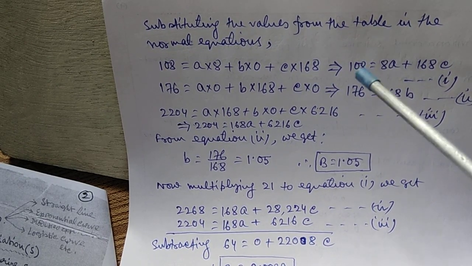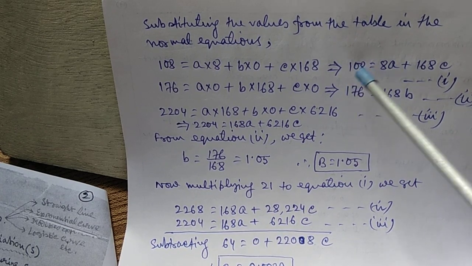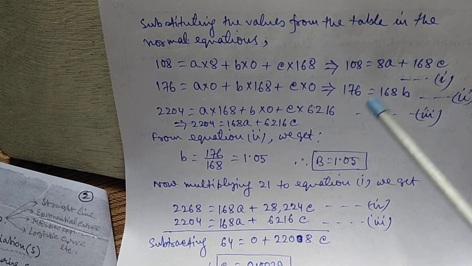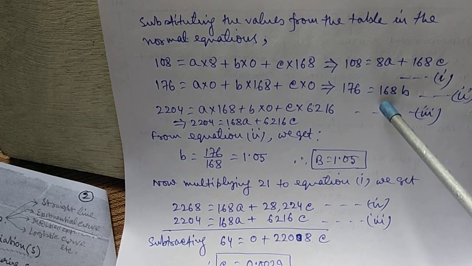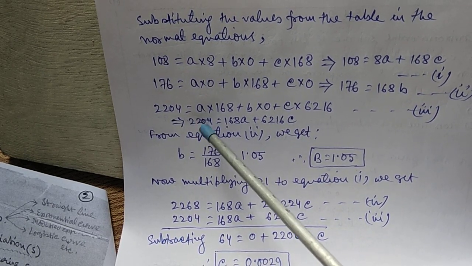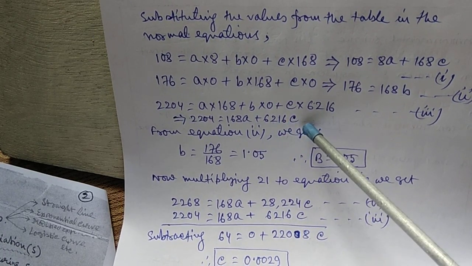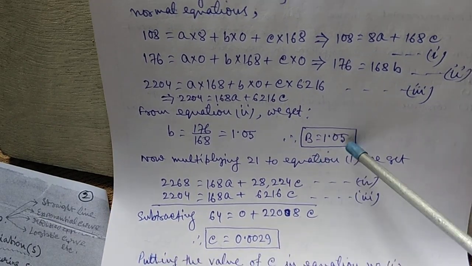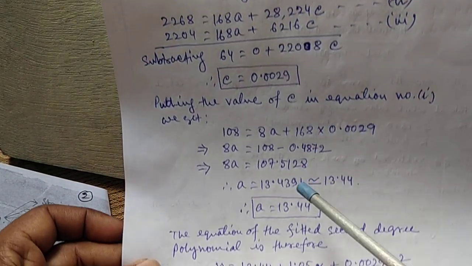In this way, we have got the first equation, 108 equals 8a plus 168c. The second equation is 176 equals 168b, and the third equation is 2204 equals 168a plus 6216c. And we have solved these three equations, and we have got the values of b, c and a.